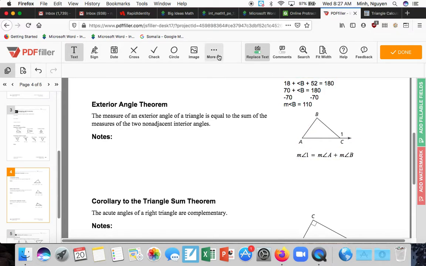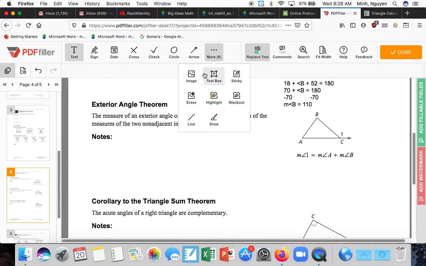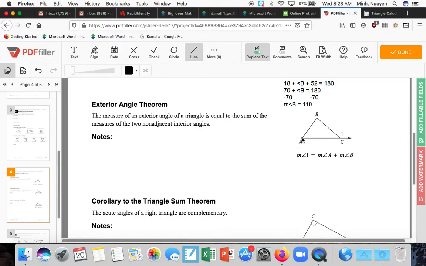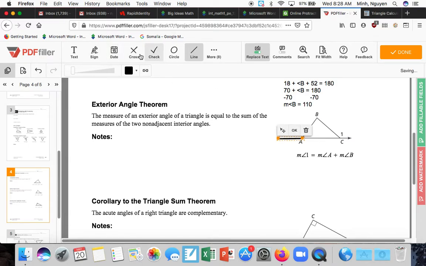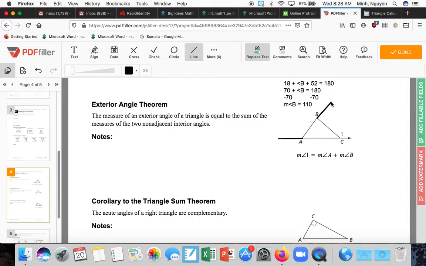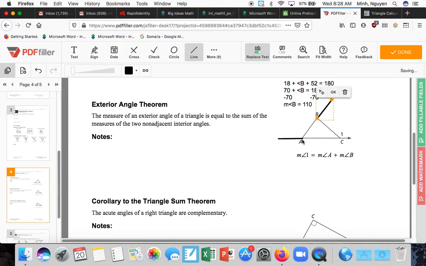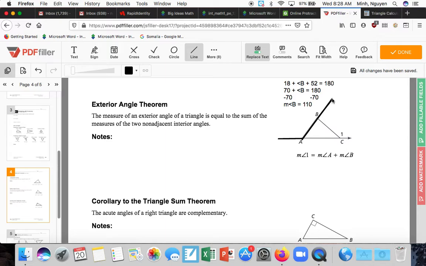So if I had a drawing right here, can I make a line? So if I had an angle right here, this angle, we could call it angle 2, would be equal to, measure of angle 2 equals measure of angle B plus measure of angle C. And if I had one here, like that, what I'm doing is I'm just extending this line, see?